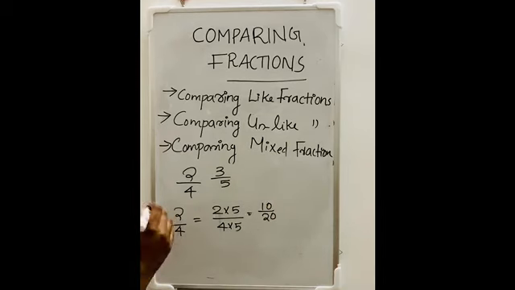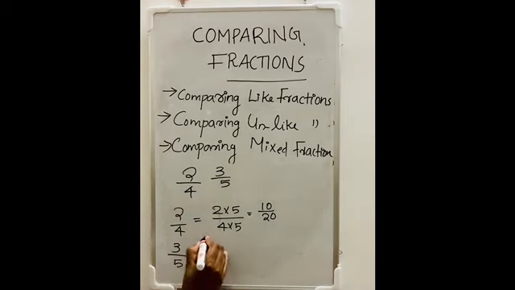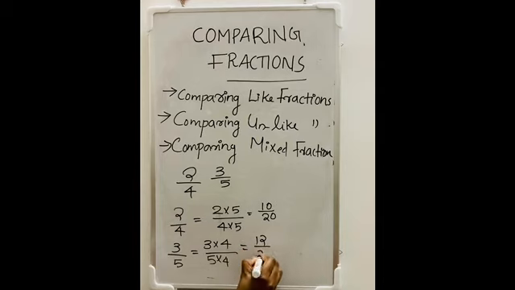Similarly, we convert 3 by 5 to a like fraction. 5 fours are 20, so we multiply the numerator and denominator by 4, which is equal to 12 by 20.